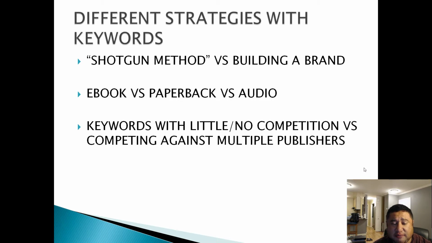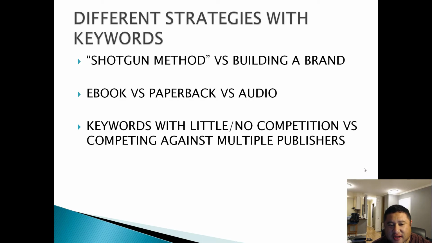Another strategy that people use for keyword research and their approach with publishing: a lot of people, in my opinion, end up specializing in one of the 3 mediums, whether they sell ebooks, paperback, or audio. I have yet to see an accomplished publisher really have an even distribution in sales with these 3 mediums.